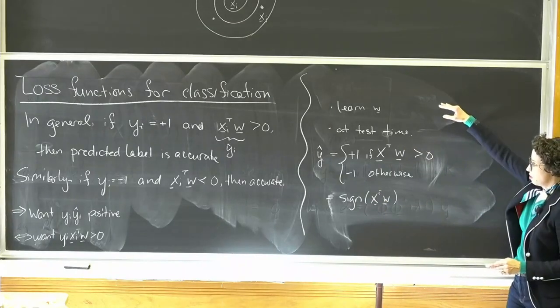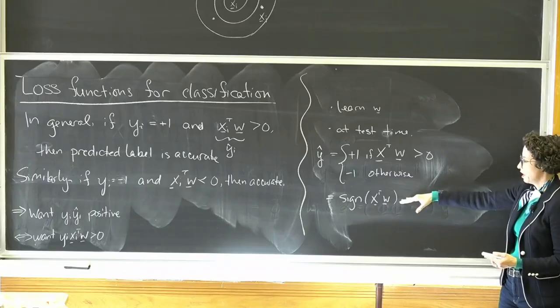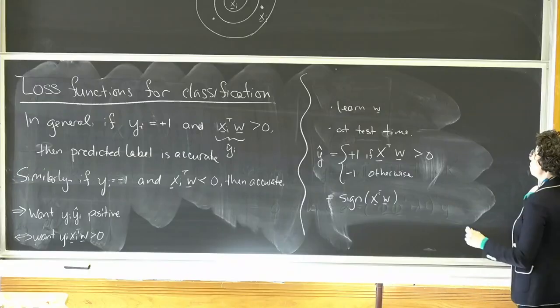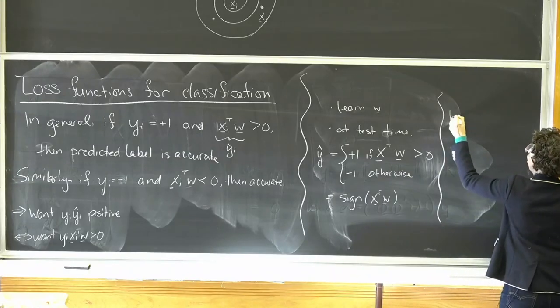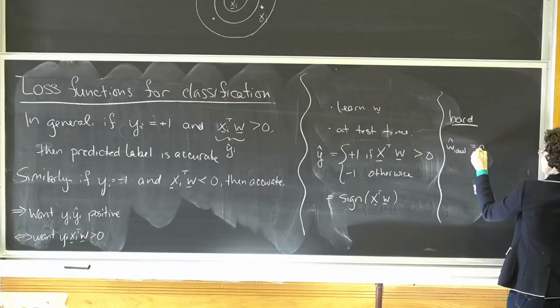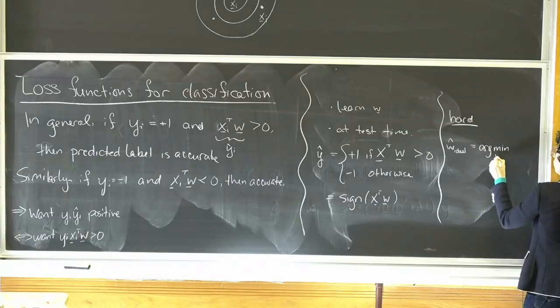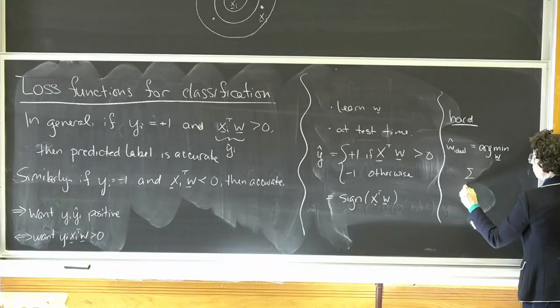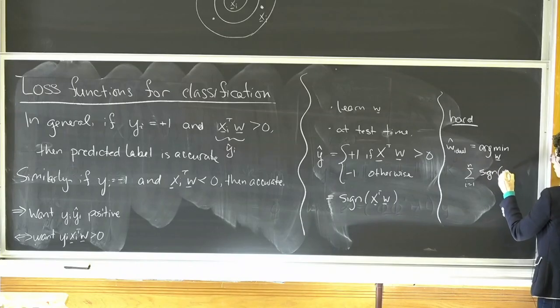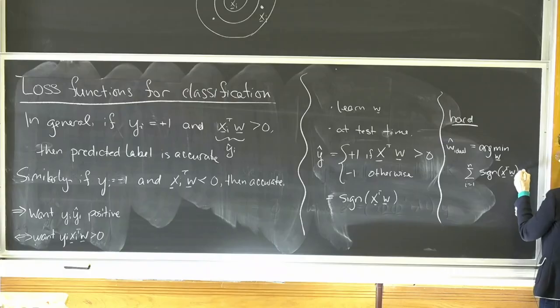So once you've got a W, then you can predict the label of a new sample using the sign function. There's no problem there at all. The issue that we have is that it would be hard to find W hat ideal, which is the argument W that minimizes the sum from i equals 1 to n of the sign of x_i transpose W times y_i, or something like that.